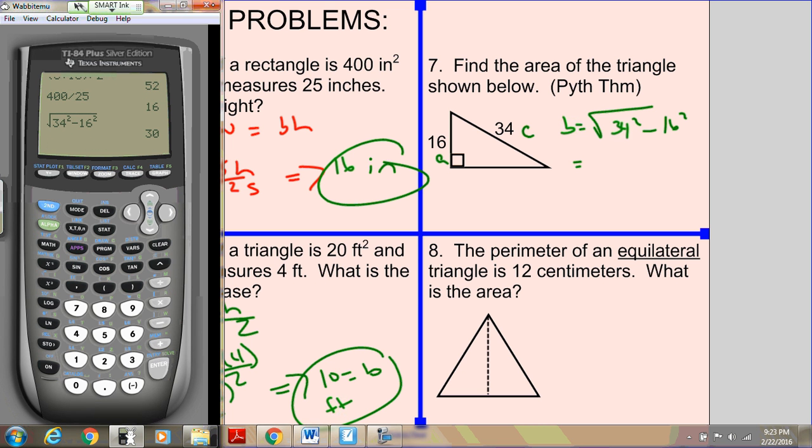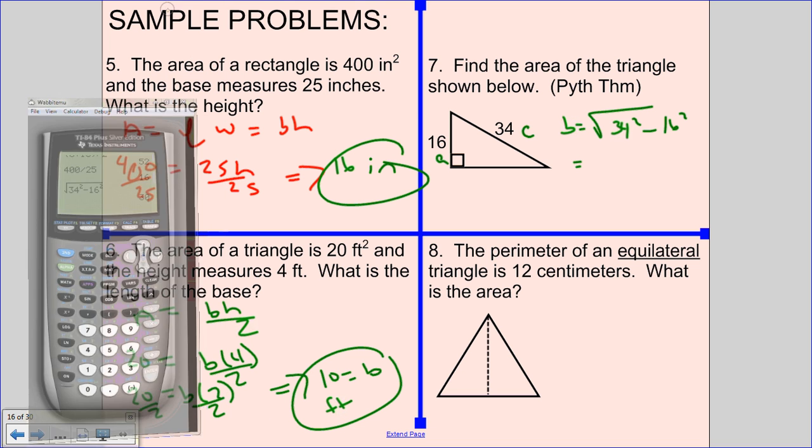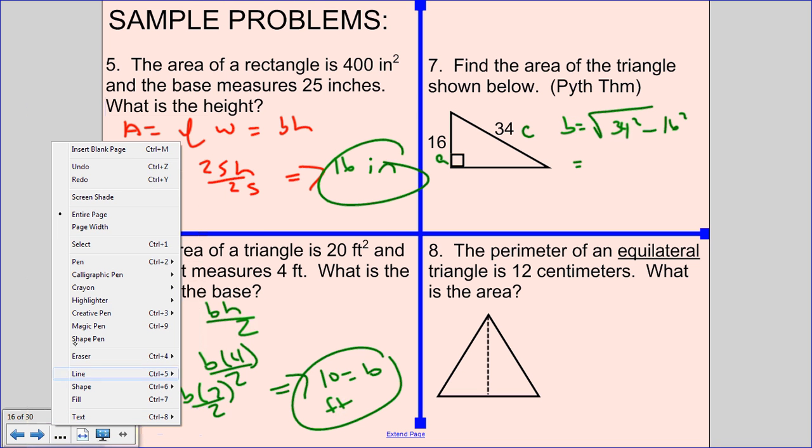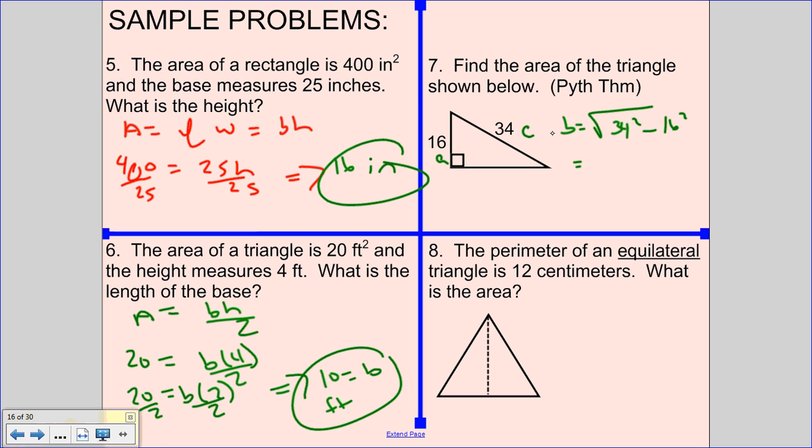Great, it's an even 30. So this side is 30.